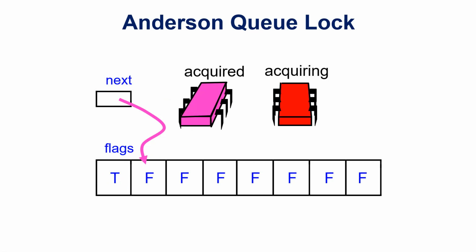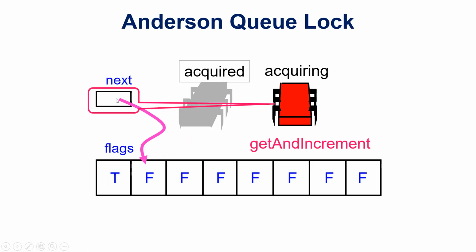After that, the second thread comes. Now this particular red thread wants to acquire the lock. In order to acquire the lock, again it will call the get and increment function. Get and increment will get the next field value, and after that it will increment it to the next value.